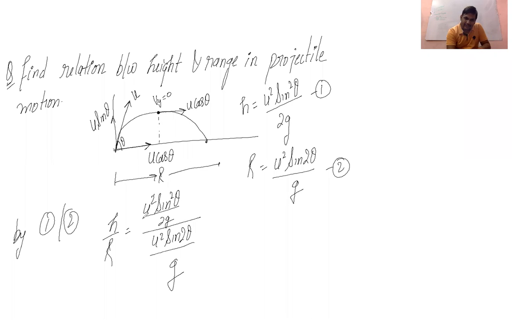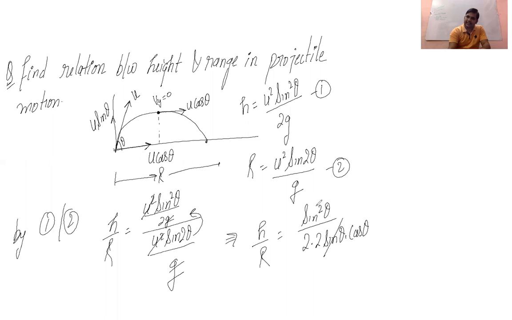Now we can just cancel out these u square, and these g will be cancelled out, and this can be further written as h by capital R is equal to sine square theta, and this is your 2, so it will be multiplied here, and this will become your 2, and sine 2 theta, once it will be expanded, this will be 2 sine theta into cos theta. So sine theta and this square will be cancelled out, this will become tan theta. So this will be your h by r is equal to tan theta by 4.